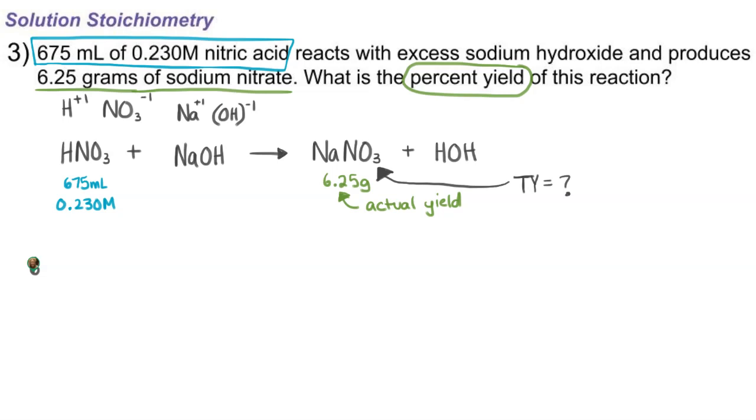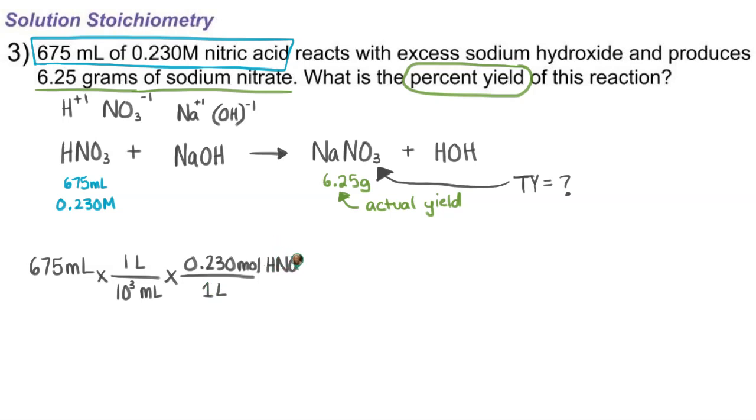So 675 milliliters. Now I know that right away I'm going to have to convert my milliliters to liters. 10 to the third milliliters in 1 liter, so that way I can use my molarity value to get my number of moles. So then 0.230 moles in every 1 liter of my solution here.